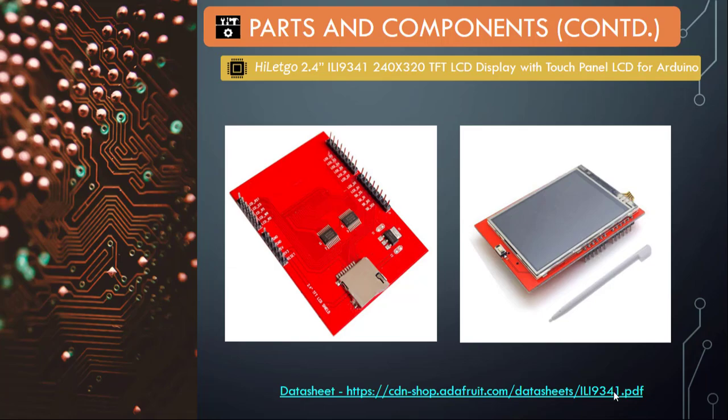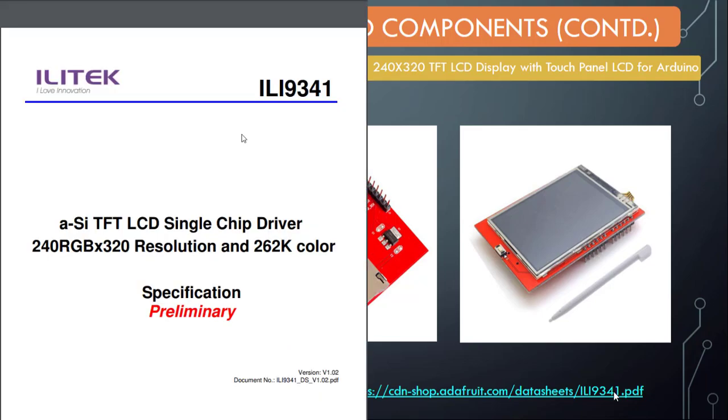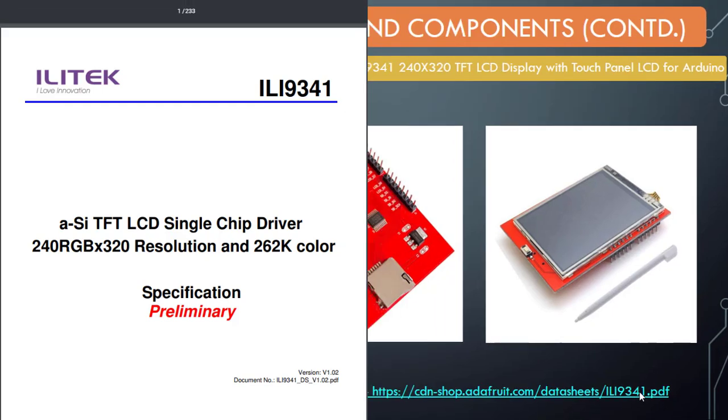In this project, we are using a HiLetgo 2.4-inch 240 by 320 resolution TFT LCD display with touch panel for Arduino. This ILI9341 is actually a 262K color single-chip driver for a TFT liquid crystal display with a resolution of 240 by 320.